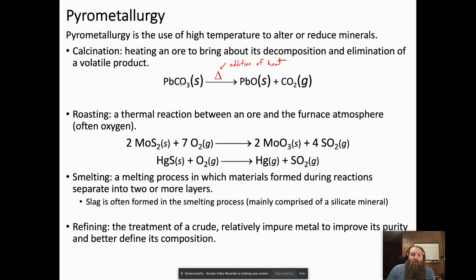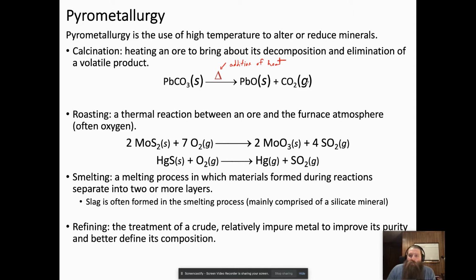So you can calcinate something, right? So you heat the solid in order to decompose it into maybe two different parts. And usually you're doing that because you want to eliminate some product. In this case here, we've got a lead(II) carbonate, it looks like. And when you calcinate it, it breaks down into lead(II) oxide and carbon dioxide gas.